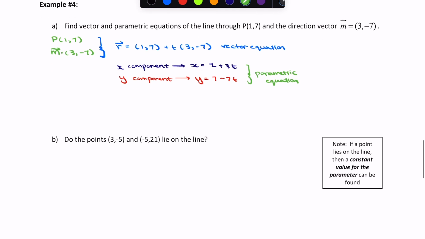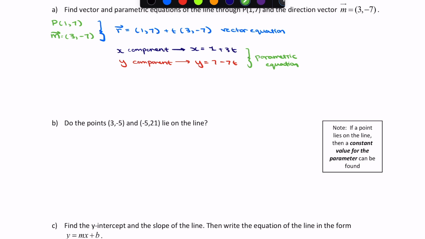Okay, and so part B here, for example 4, says to show whether the points (3, -5) and (-5, 21) lie on the line that we found above. Remember, 3 is x, -5 is y, -5 is x, 21 is y. So here we will sub it into our equations.